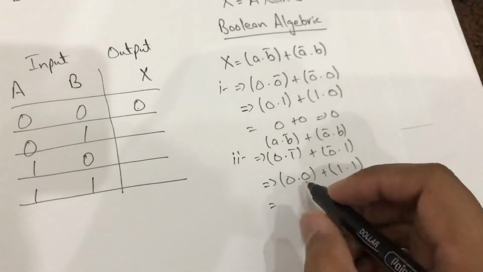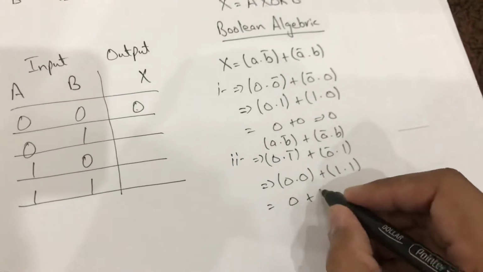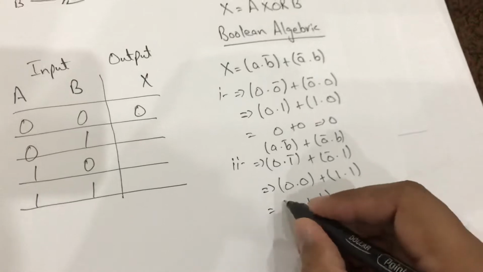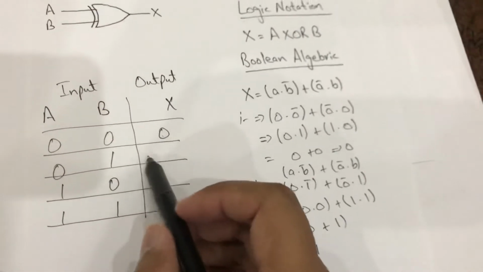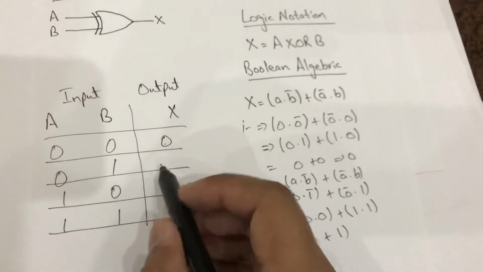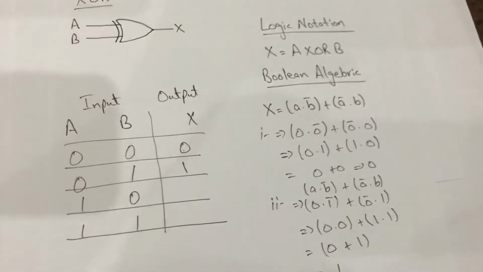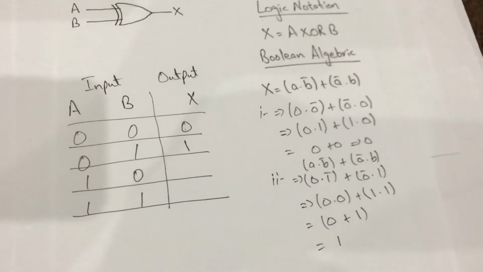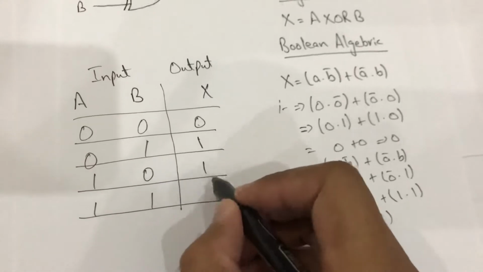So when we multiply by 0 that is 0, plus 1 multiplied by 1 is 1. So 0 plus 1 is 1. The output of the second combination is 1. Similar to that, when we solve the third one and the fourth one, their output will be 1 and 0.